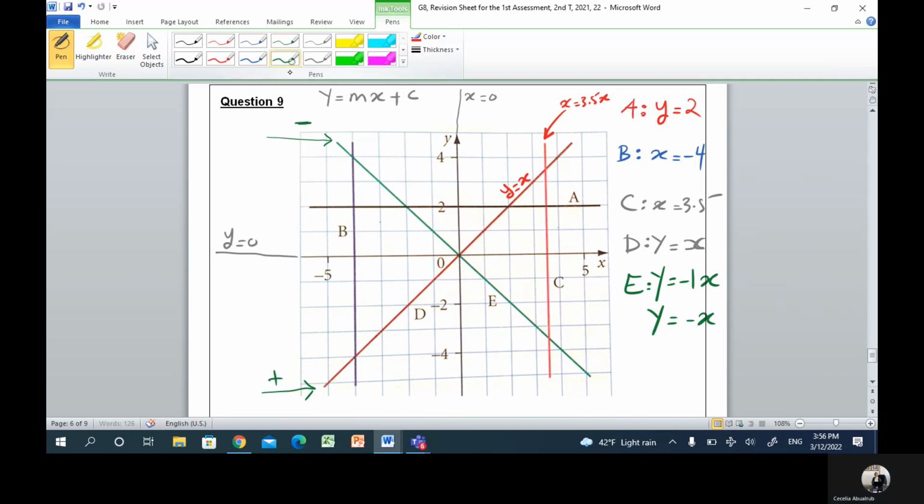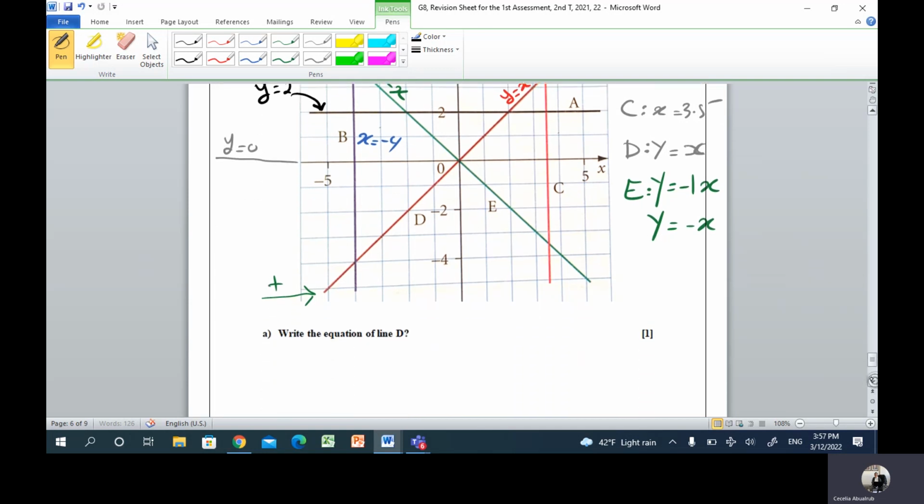And this green one is y equals negative x. And this navy, which is B, is x equals negative 4. And we already wrote this one. And A1, which is this one here, we said is y equals 2. Cool. Now we start answering the questions.